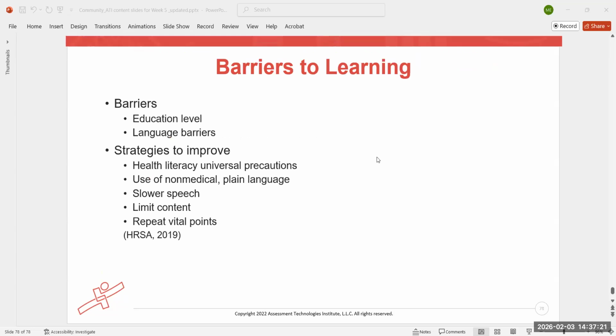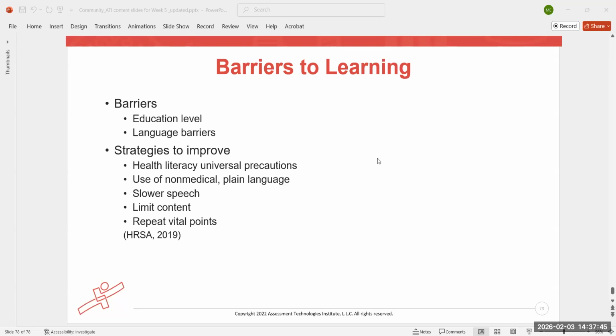Barriers to learning could be present, so you want to know education level, language barrier. What is their preferred language for learning? Do you have language line interpreters available? And make sure that we're not using our family members for education specific to health. We want to have a certified medical interpreter to do so.